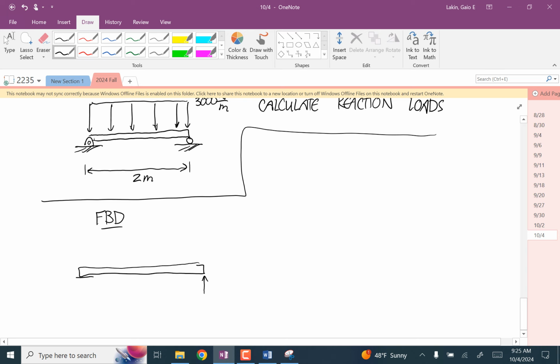I'll call this RB. The pin joint on the left provides a full force vector, no couples. I'll call this the vector RA. Okay, and then we have this distributed load. So I'm going to do this free body diagram in a couple different steps.